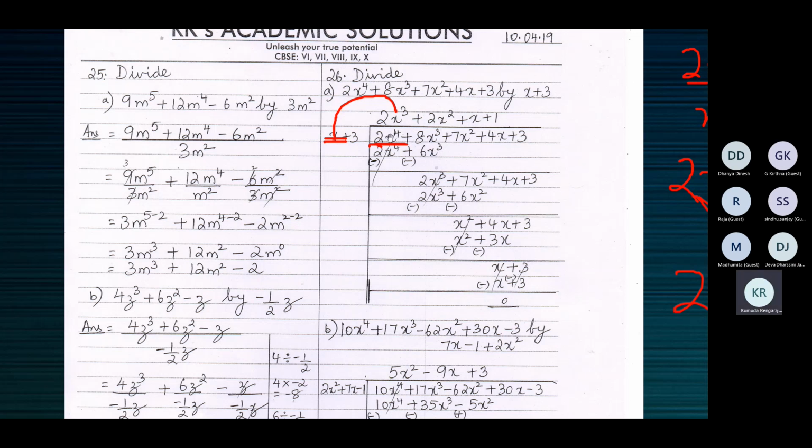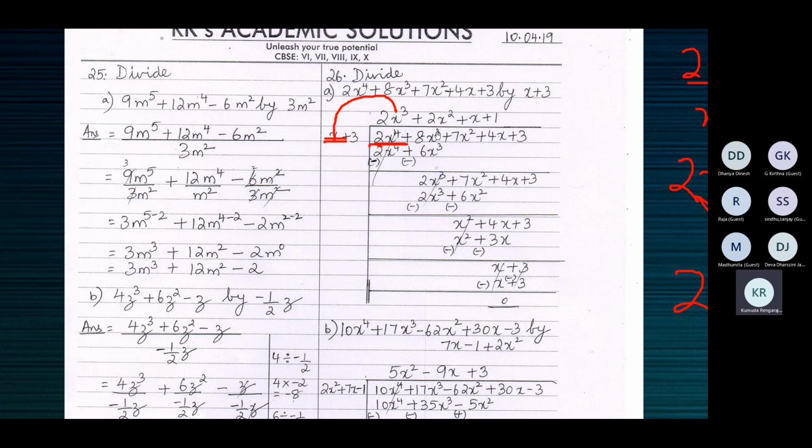Similarly, in the divisor also, supposing it was 3 plus x, you must write the x first and then the constant. The constant will be the last term. You must not write 3 plus x here; you must write x plus 3. In the dividend, x power 4, x power 3, x square, x and then the constant.